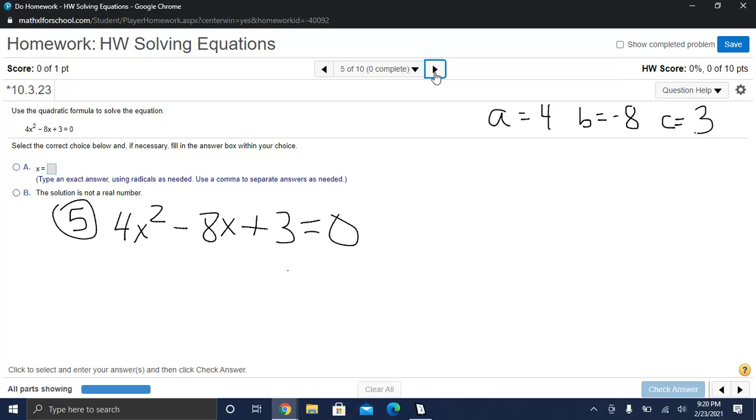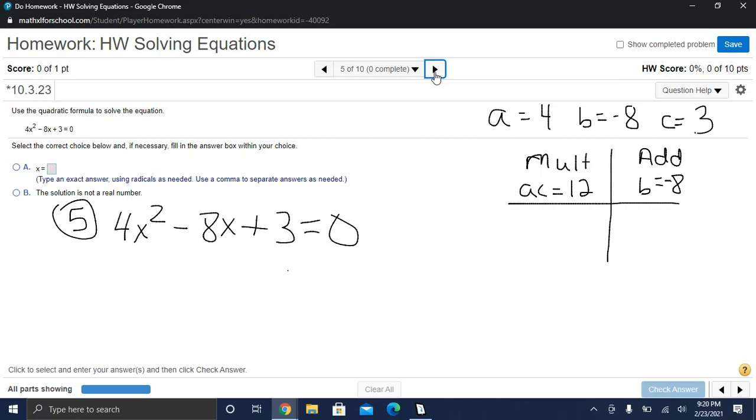So I could look to see what multiplies to AC. AC, 4 times 3, that's 12. And what will add to give me B, which is -8. Make sure you have negative. Now, yours is going to have different numbers, remember, but same process.